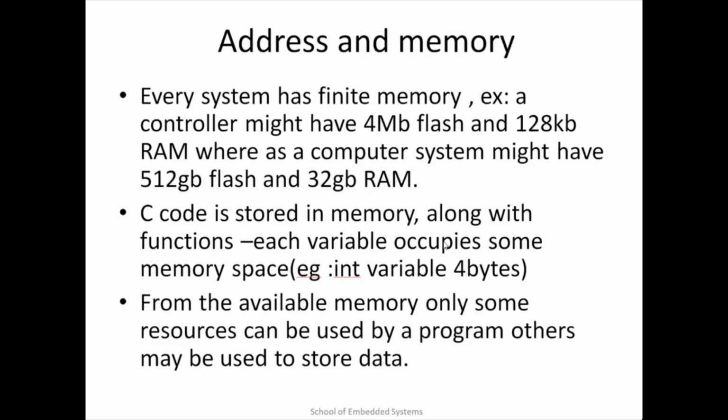Meaning if you define an array of 1,000 integers, you're potentially consuming 4,000 bytes. That's close to 4 KB. So if you compare this with a system where only 128 KB of RAM is present, you're almost utilizing 4% of the available RAM just for one variable.